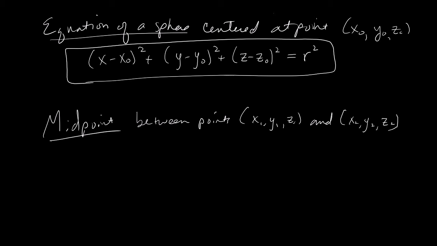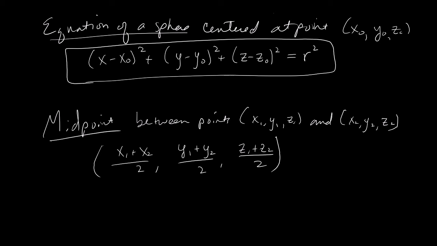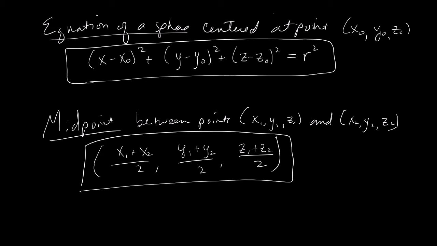Okay, that's given by this, x1 plus x2 over 2, y1 plus y2 over 2, and z1 plus z2 over 2. So again, all of these are just extensions of the exact same formulas in two-dimensional space. We're just now adding that third component to them. All right?